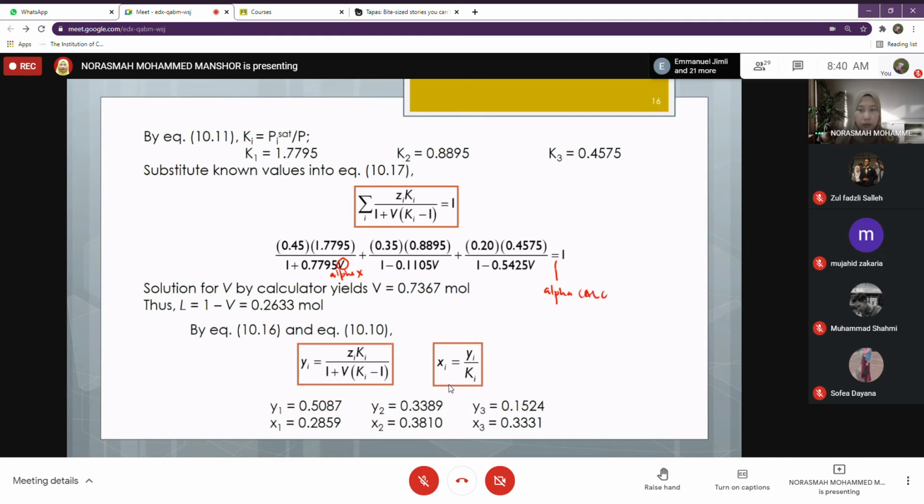You set equal to 1 and after that you press shift solve, shift calculate. When you press this for the first time, it will give the previous answer. You have to press twice, then it calculates this equation.